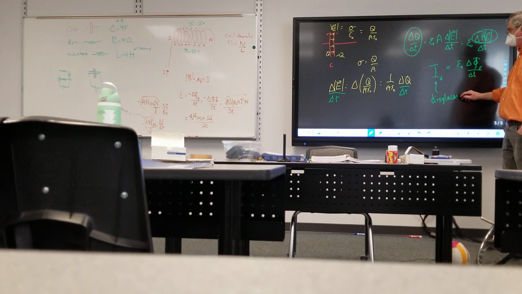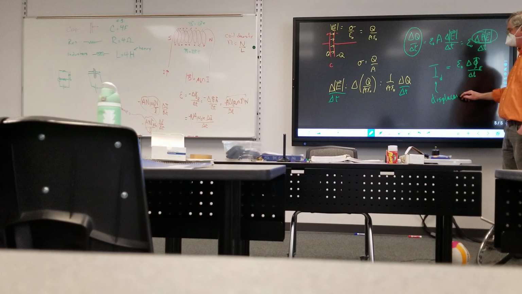I take a charge and I move it over to here. I look at a spot in space here. My charge is initially in that direction and the electric field would point like that. I move the charge over to here and now my electric field is pointing in that direction. So we'll just call this E initial, E final.